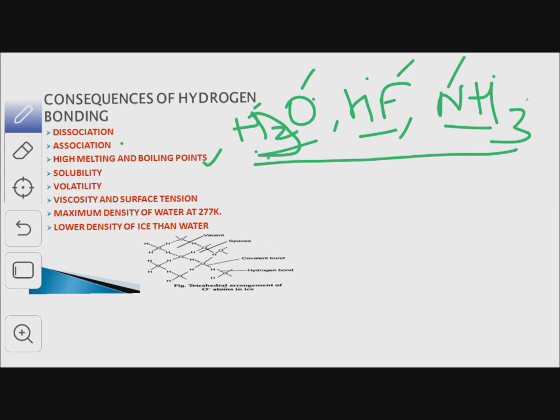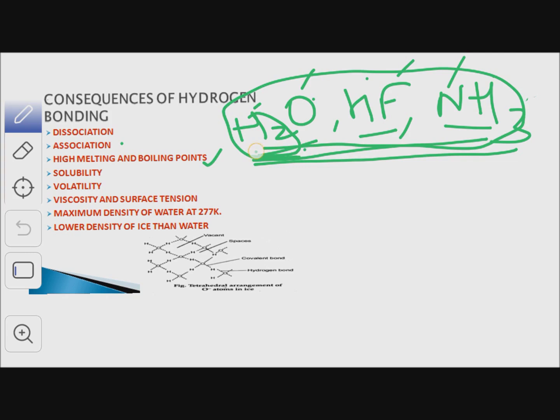And due to covalent bond as well as hydrogen bonds, they have high melting and boiling points, because melting point and boiling point depend upon the strength of the bond, and in this case the strength of the bond is almost double because of covalent bond as well as hydrogen bond.